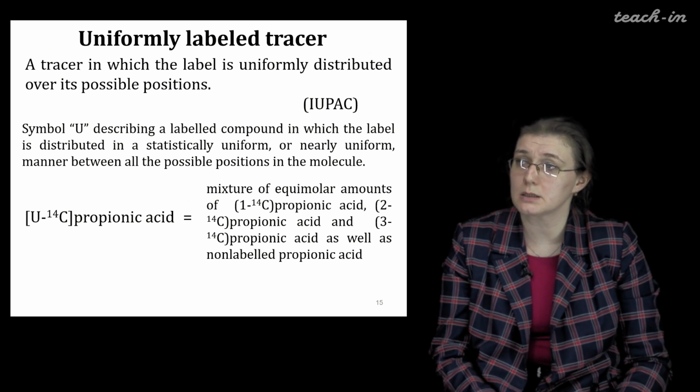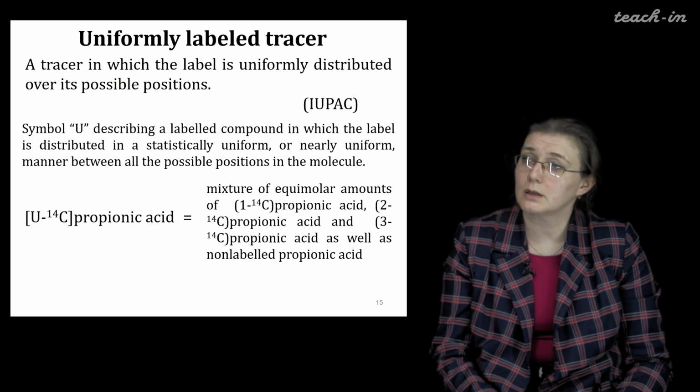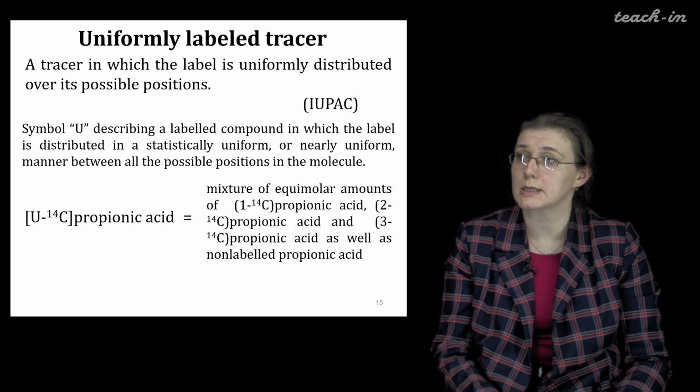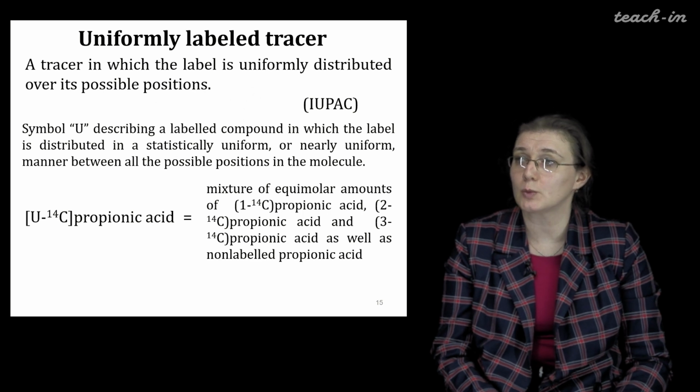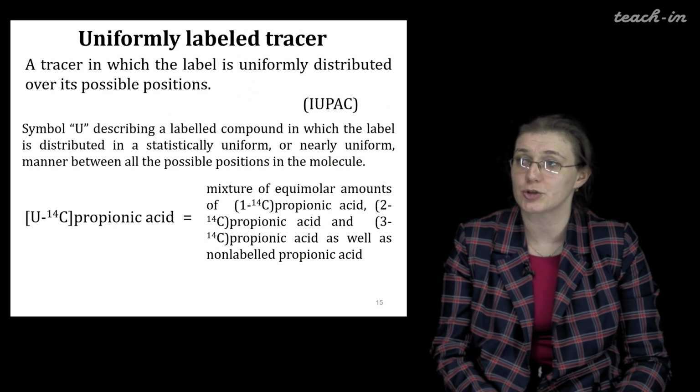Propionic acid is, in my opinion, a very good example. If we have a propionic acid which is defined with the symbol U, it means that we have a mixture of equimolar amounts of the molecules that contain the label in the first, second, and third position.